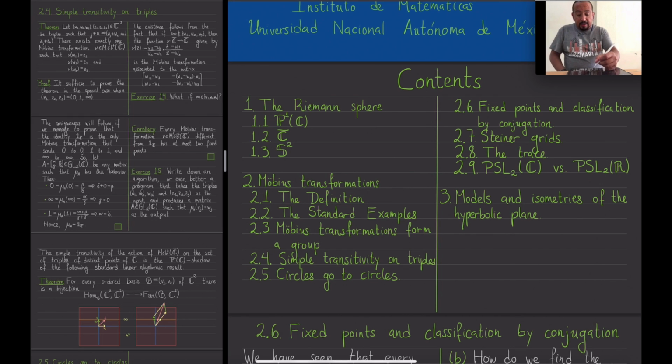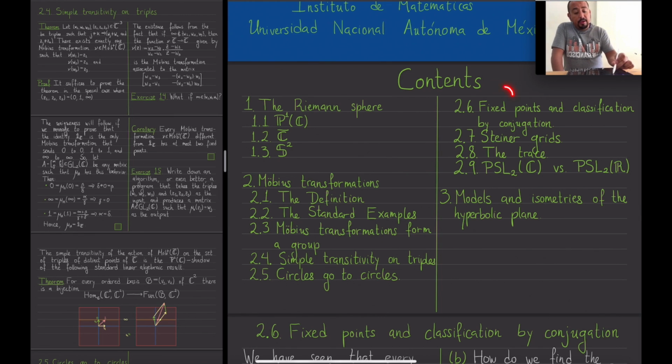Now notice that this simple transitivity then plays an essential role, right? This simple transitivity implies that there are at most 2 fixed points, and the fact that there are at most 2 fixed points allows us the classification, right? So this simple transitivity really plays an essential role in the whole theory.